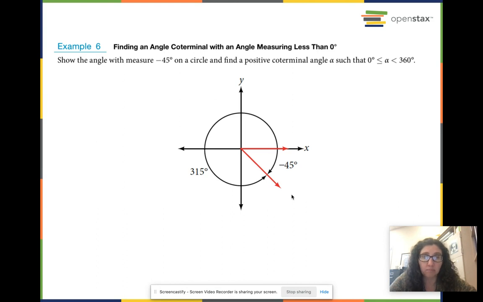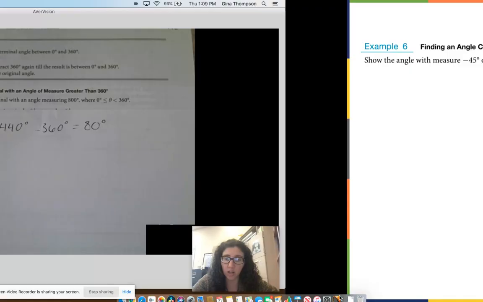What about this? Show the angle with measure minus 45 degrees on a circle. That part was done for us. Here's minus 45 degrees. And find a positive coterminal angle alpha such that it's between 0 and 360. So we're looking for this angle, which again, they give us the answer. But how could we find that?